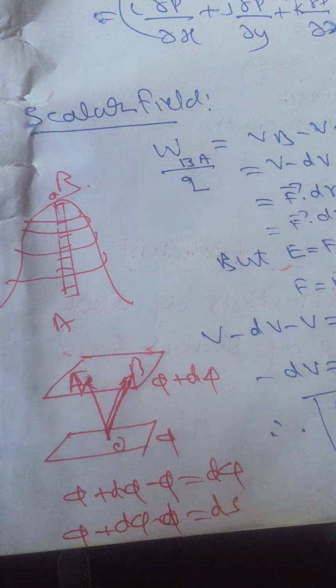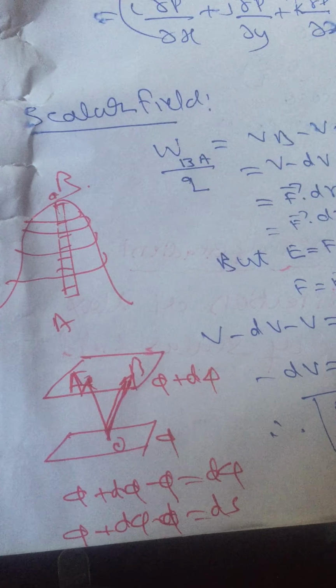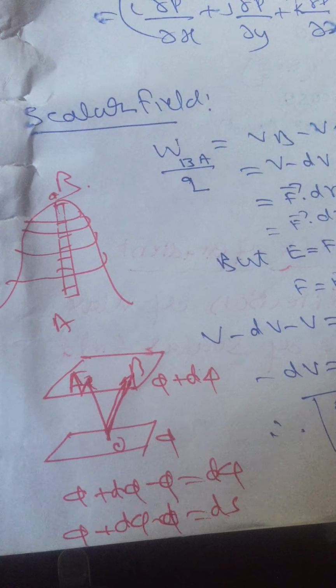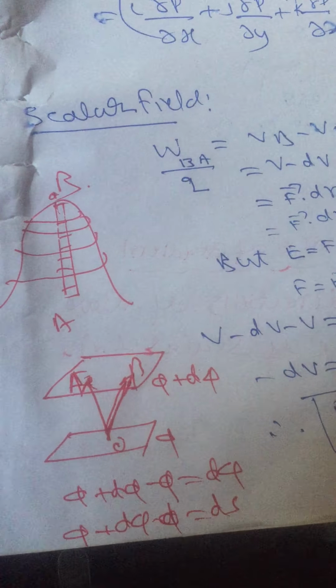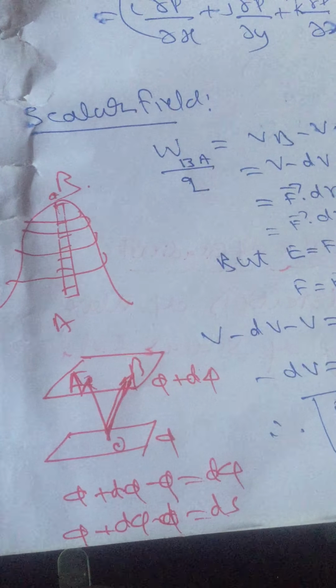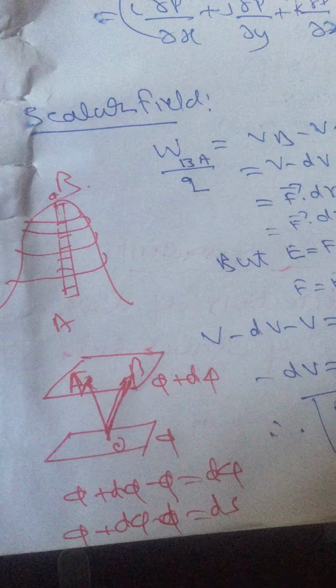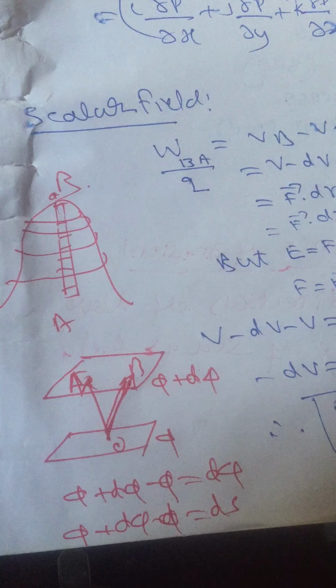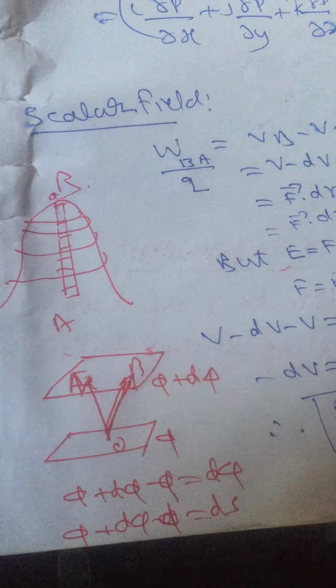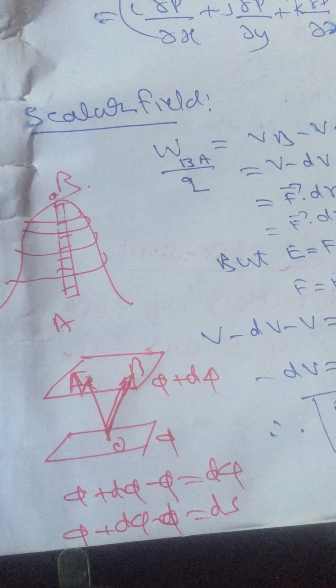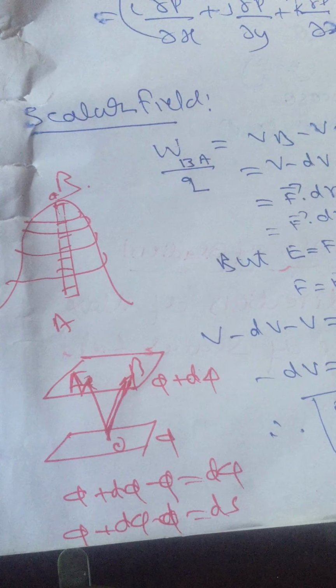Means the rate of change of flux from A to B is less than from 0 to A. Means at the normal surface the rate of change is maximum. That is extremely important. Means the gradient means the maximum rate of change of the scalar field normal to the surface. That is the physical significance.